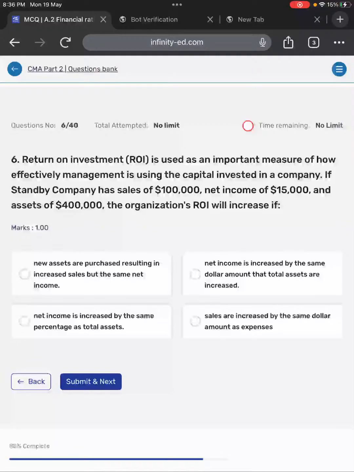Total assets are increased. Net income is increased by the same percentage as total assets.